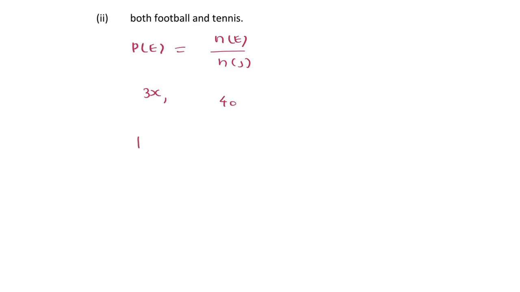Then our probability of event is going to be 3x over 40. Substituting the value of x, which equals 5, we are going to have probability of event equals 15 over 40. Simplifying this, we are going to have probability of an event equals 3 over 8. And this is the probability required.